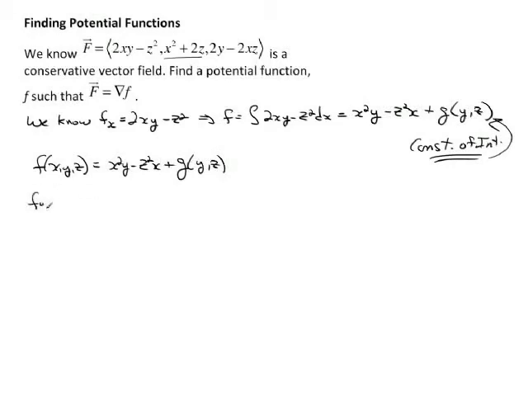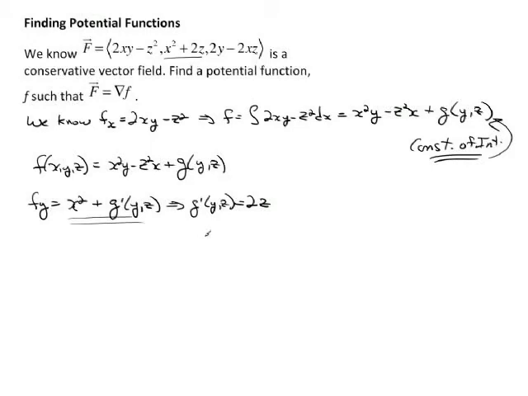So the partial of this with respect to y is going to give me x squared plus g prime of y, z. So when I compare it up here, it's pretty clear that g prime of y, z has got to be 2z.